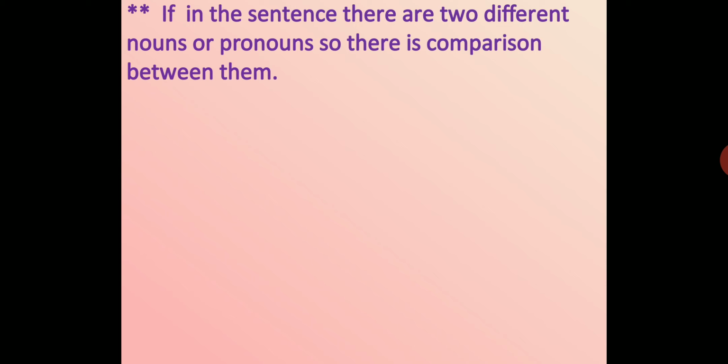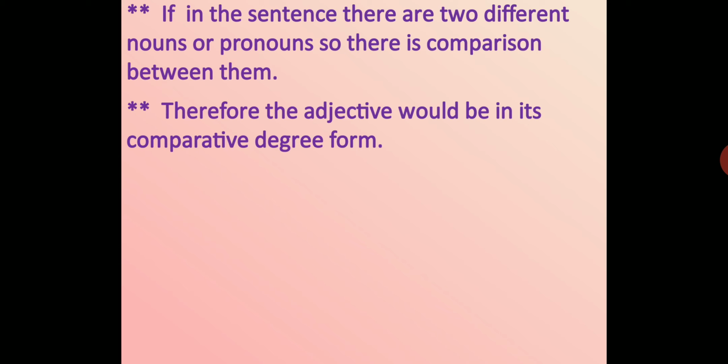As we know, if we want to compare anything, then we need more than one. Here, if we want to compare, there are two possibilities: maybe they are two or maybe they are more than two. In the comparative form, the nouns are two in the sentence and we compare between them.